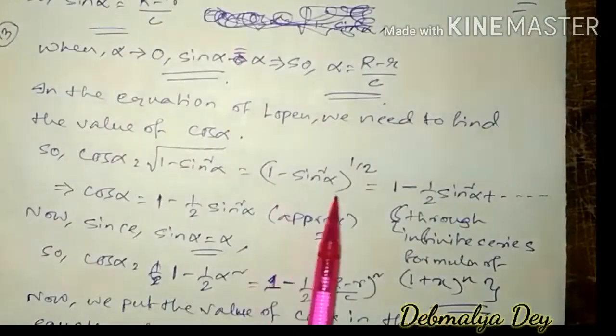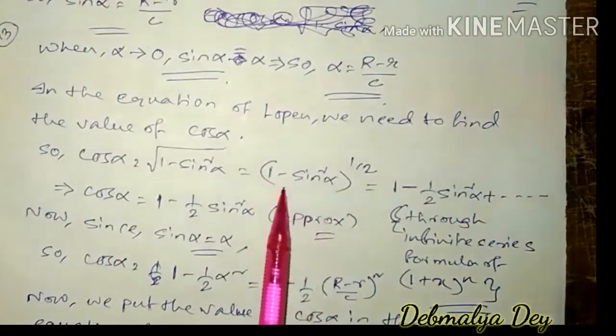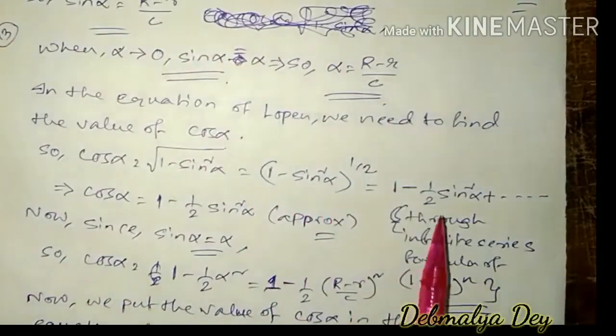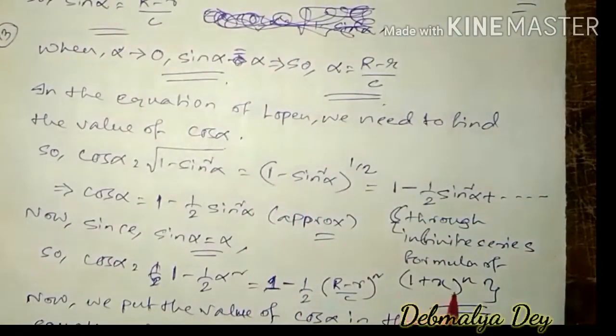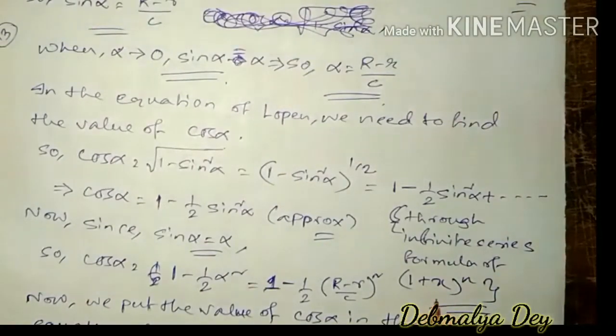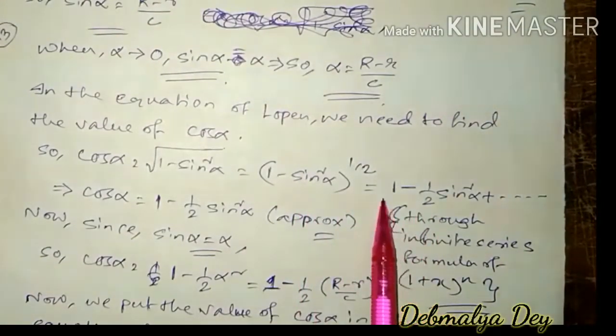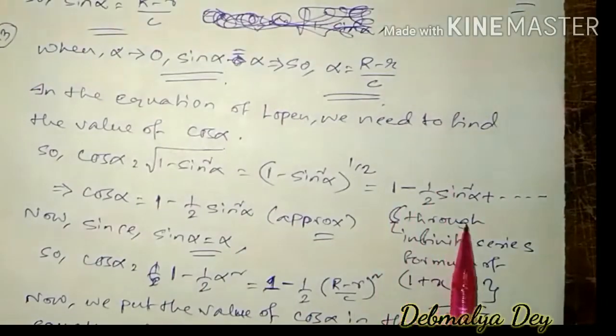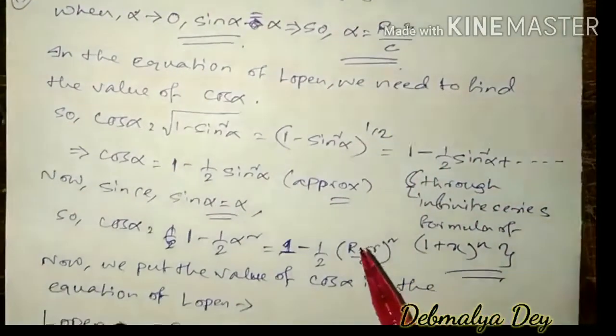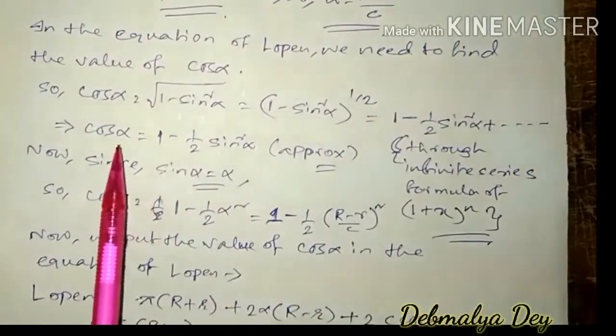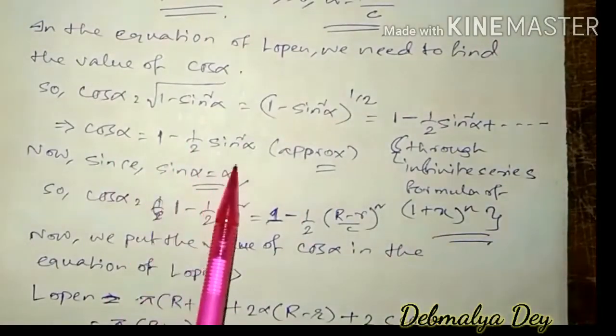Now we will expand this term, (1 minus sine square alpha) to the power half, with the formula of (1 plus x) to the power n, that is the infinite series of the binomial theorem. After expanding, we ultimately get the value as 1 minus half sine square alpha. So the value of cos alpha becomes 1 minus half sine square alpha.